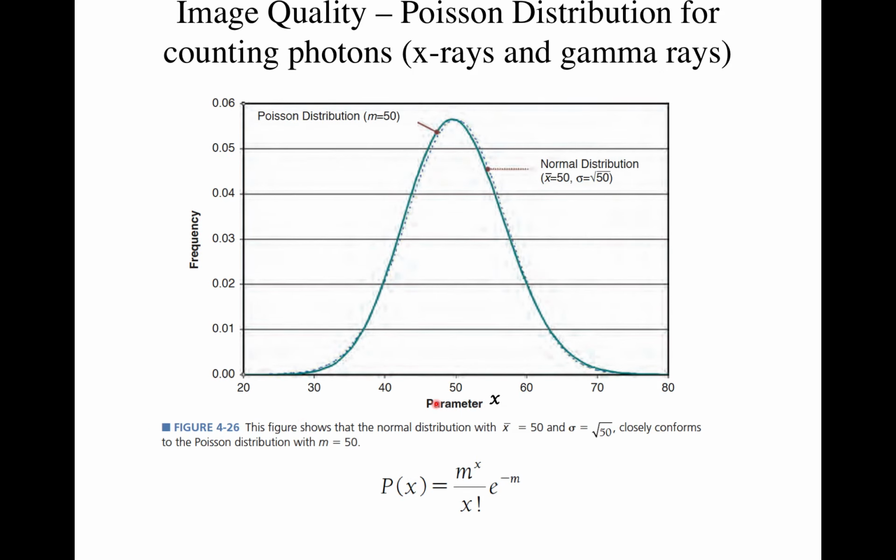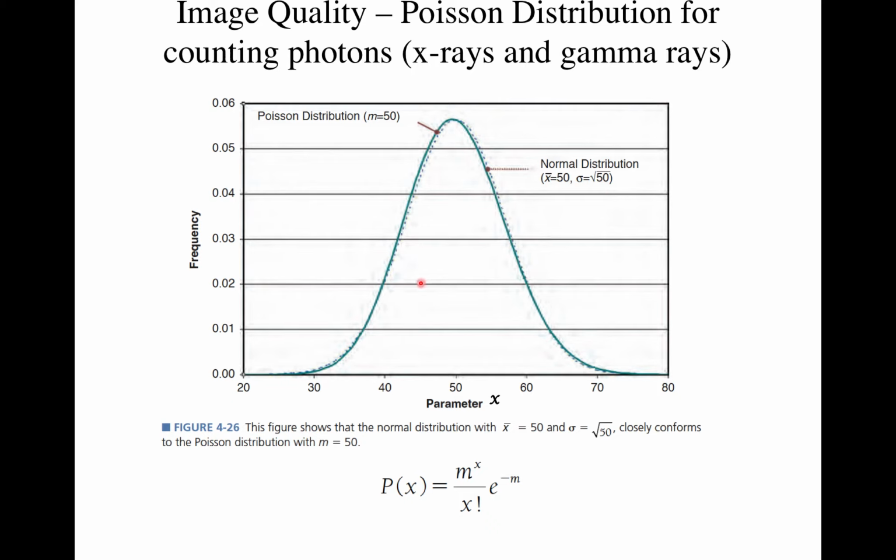So again, X-rays go as a Poisson distribution, which is this function, and it starts to matter when you get down to very low values, like 10 or 5 measurements and things like that. But up around 50, it doesn't really matter. So as long as we're seeing 50 photons, we can model this process with a normal distribution.